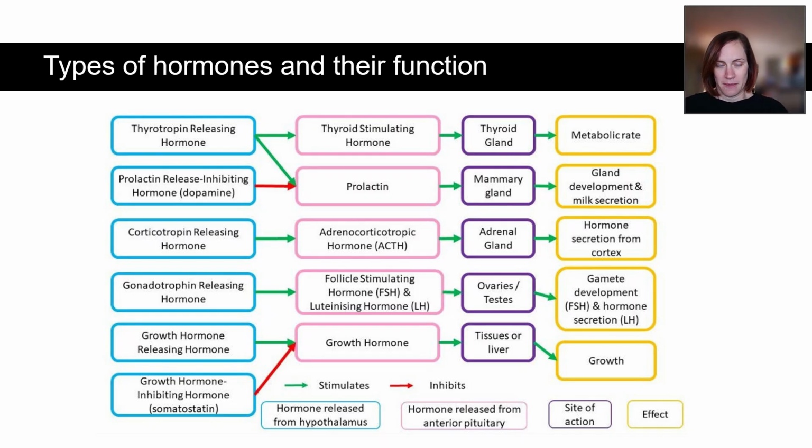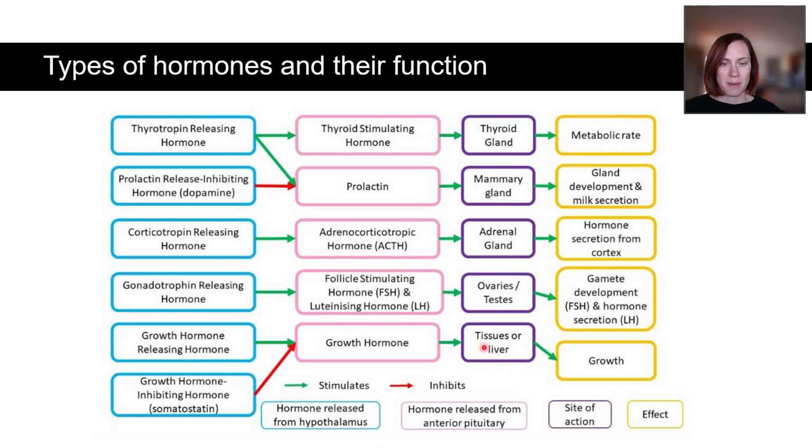This is just a sense of what kind of hormones we might be talking about and the cascades that can come from them. The pink and the blue ones are the common hormones you may or may not have heard of. But really what's going on is, where are these coming from? What are they stimulating? What's the actual change or effect in the cell? One you might have heard of is growth hormone. There are so many kinds.